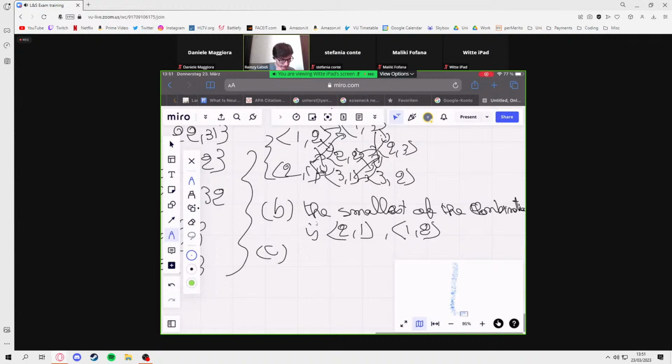In terms of C, they ask, does the set B have the largest element according to the same relation? And if so, please give the largest element. Otherwise, list all of them. This is the same: there's the smallest, there's the highest. Because this is 3 and 2, which is higher than anything else. Quite simply, 3 and 3, 2. These are the largest.